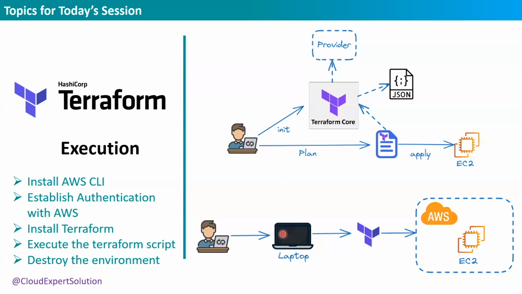If you are using your local laptop, you will create an IAM user. After that, we will install Terraform. Then we will create a Terraform script and execute it. We will validate if the infrastructure has been created or not, and then we'll destroy the environment, because this is a demo and we don't want the idle infrastructure to run and incur AWS billing.